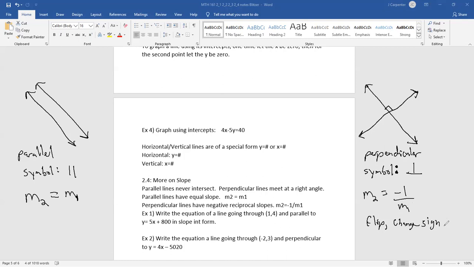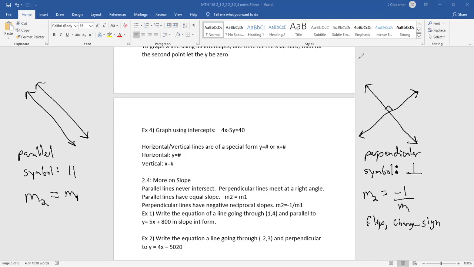Write the equation of a line going through 1, 4 and parallel to y equals 5x plus 800. We want to ultimately write this in slope-intercept form. I'm skipping the graphing this time, so all we want is the equation, solved for y because I asked for slope-intercept form. So our point is 1, 4, and the other line involved is y equals 5x plus 800.